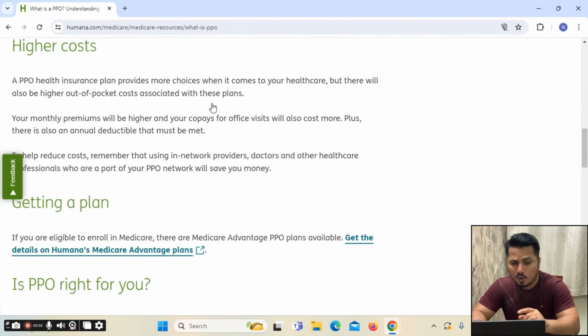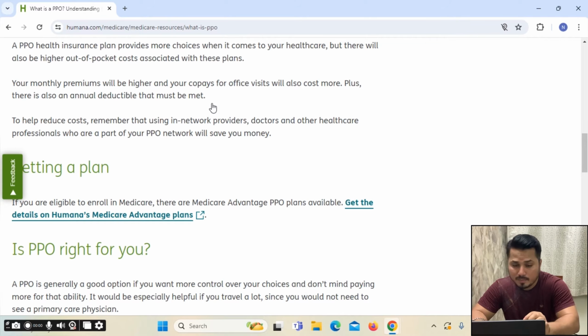Okay, now higher costs. PPO health insurance plans provide more choice when it comes to your healthcare, but there will also be higher out-of-pocket costs associated with these plans. Your monthly premiums will be higher and your co-pays for office visits will also cost more.